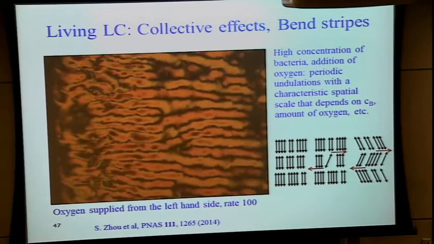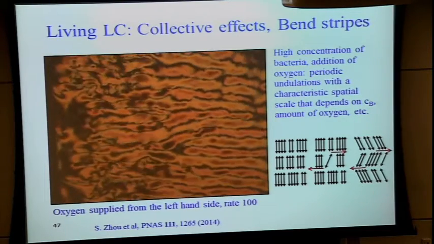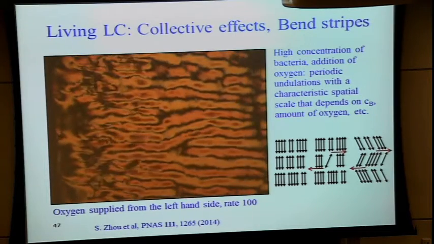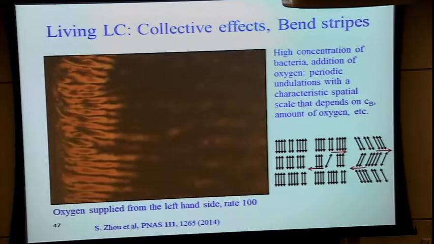oxygen is being supplied. The mechanism, by hand-waving arguments, is very simple. It's very similar to what Ramaswamy has argued for years now.